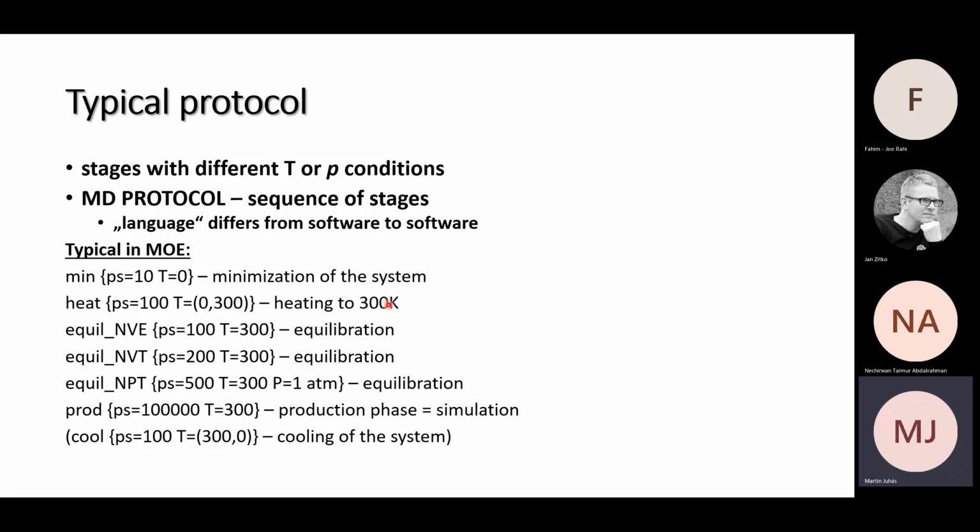Then you equilibrate the system, meaning that you leave it using the ensembles that we defined before. Usually you start with NVE and NVT, so you have this fixed number of atoms and fixed volumes, and then you usually fix the temperature, and you leave the system for some time until it reaches some kind of equilibrium.